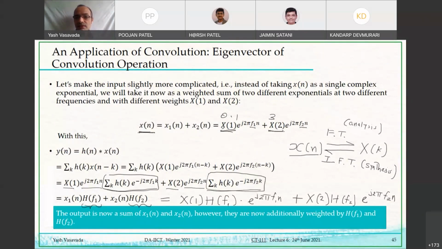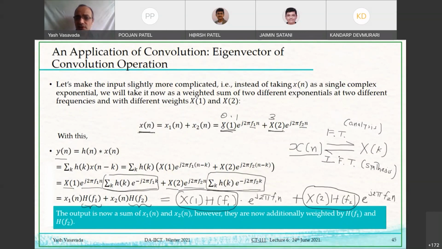That is the analysis viewpoint of the Fourier transformation. When I analyze x of n, I will know what x1 is, what x2 is, and so on. And therefore, if I analyze this y of n, I will get these weights. I'll get x1 times h of f1 as the weight of the first exponential at f1. I'll get x2 times h of f2 as the weight of the second exponential at f2.